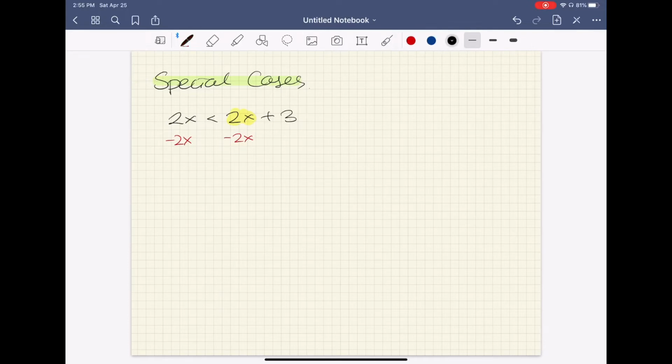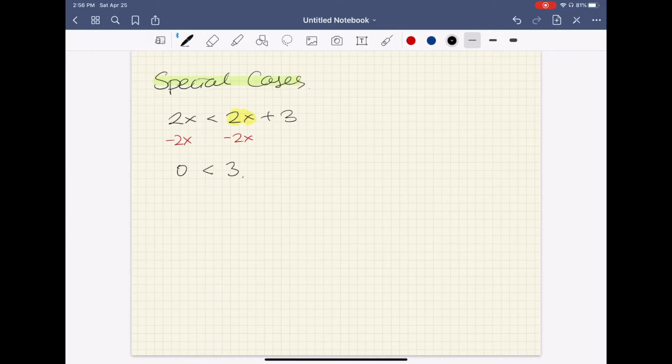If we do that, then what we get on the left side will be 0 less than 2x minus 2x, 0, and plus 3 left. We'll get an inequality with no variables in it.